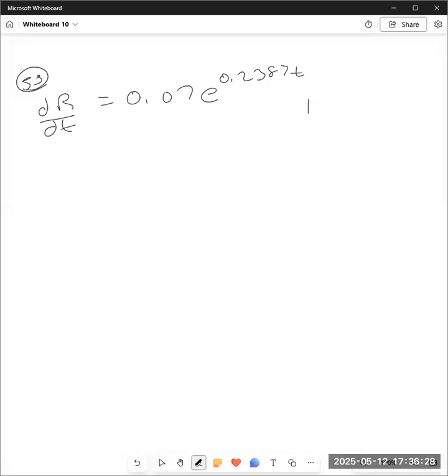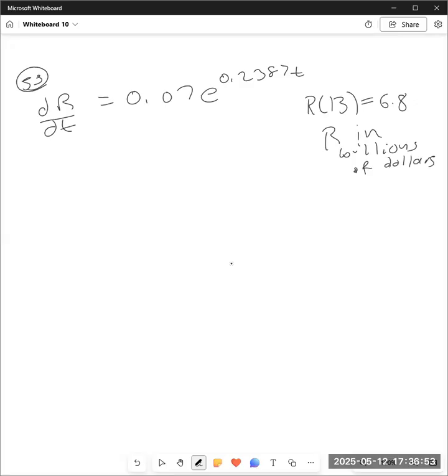We're told that R at 2013 is 6.8, where R is measured in billions of dollars.